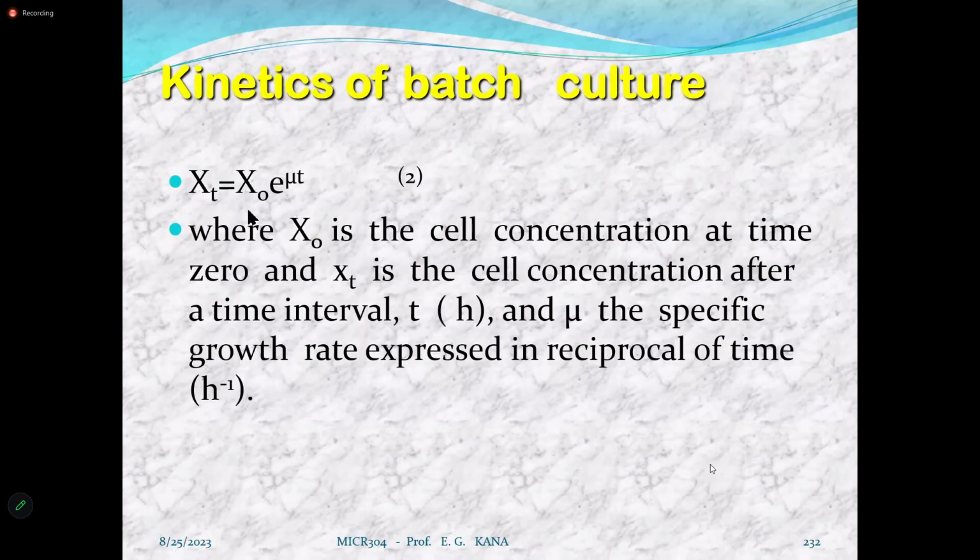Again, the formula that helps to understand the biomass concentration over time is similar to the one used to express the cell number. Xt stands for the cell biomass concentration at time t, which is equal to the initial cell concentration multiplied by the exponential of mu t. Mu is referred to as the specific growth rate, which is expressed as the reciprocal of time, and t is the process time.